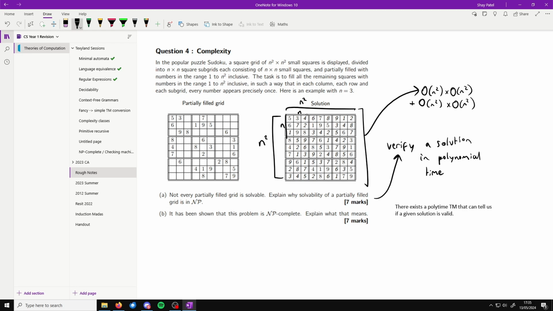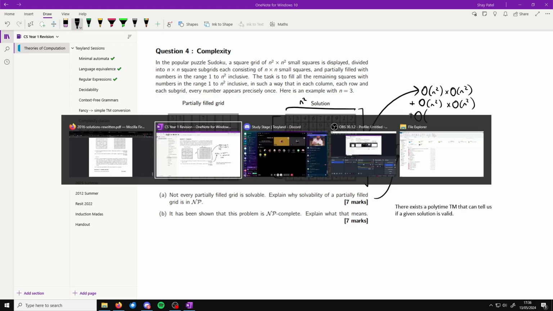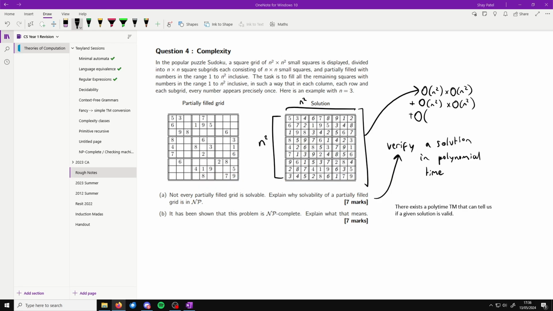So for the subgrids, you just add it on, like the summation you're doing on the right. But the subgrids would actually be lower complexity. So you'd end up with n. Would it be n? Okay, so each subgrid is of size n.